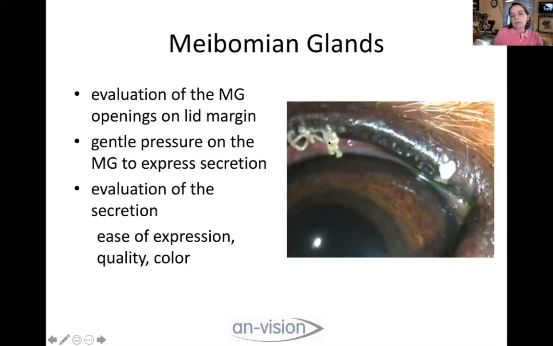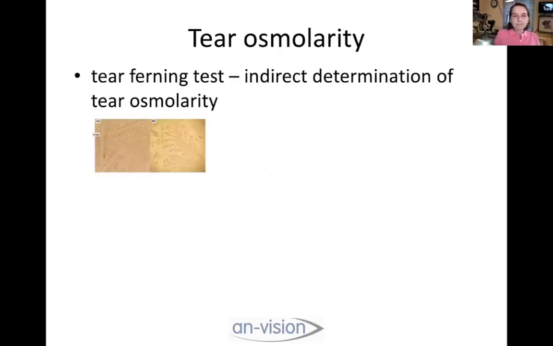And if you put a forceps here, which could be like the suturing forceps, and you apply a little bit of pressure from the outer and inner part in the lids without damaging or putting too much pressure, you can express a little bit of secretion, and that should be soft and oily and of no color or a little bit yellowish, but it should definitely not look like this one that is sticky and looks greasy and not nice. So that would give you, again, a clinical indication that something is wrong with the meibomian glands.